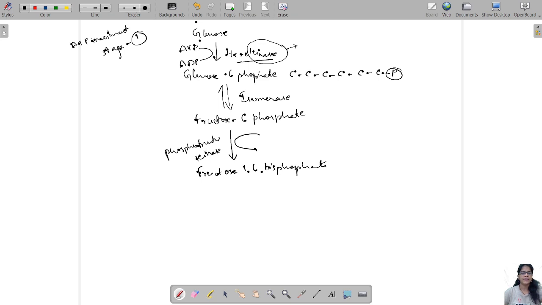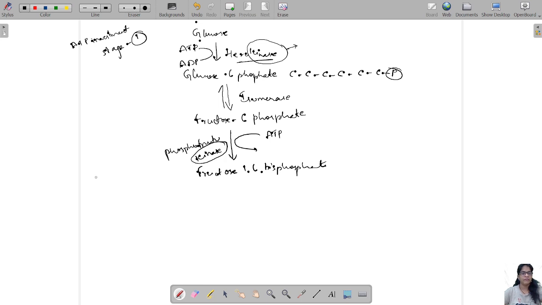I told you kinases are meant for the transfer of phosphate group from one molecule to another molecule. Again it is taking ATP, and this kinase would take that particular phosphate of ATP and attach it to the first position of your fructose.